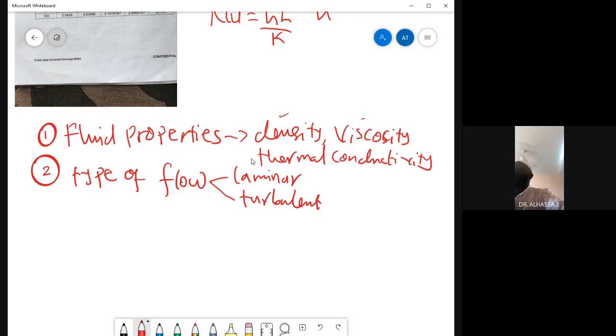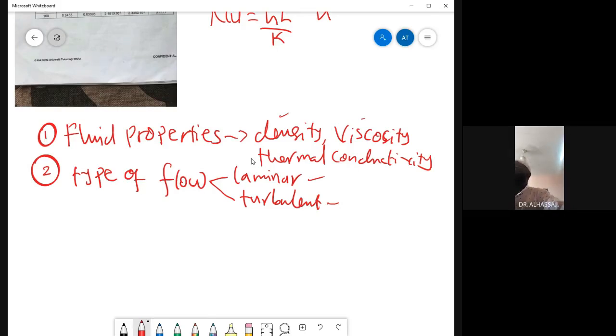In the previous lecture, we noted that for a laminar flow situation, the Reynolds number will be less than the critical Reynolds number. Similarly, for turbulent flow, the Reynolds number is going to be greater than the critical Reynolds number. You understand me? So these two situations influence the value for H.